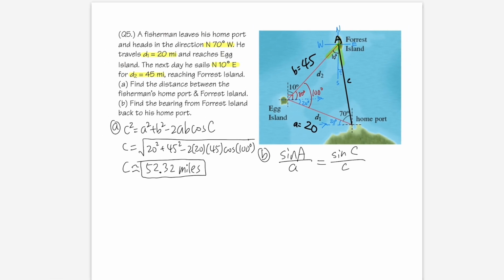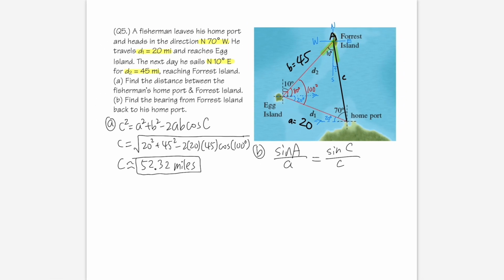So let's go ahead and find out the capital A. So sine A over little a is equal to sine capital C, which is 100 degrees, over little c, which is what we found earlier, which is 52.32 miles.